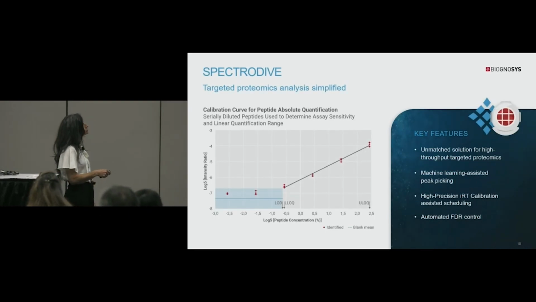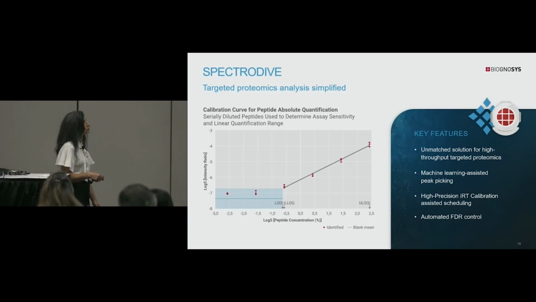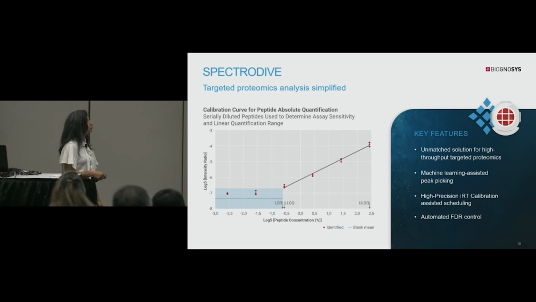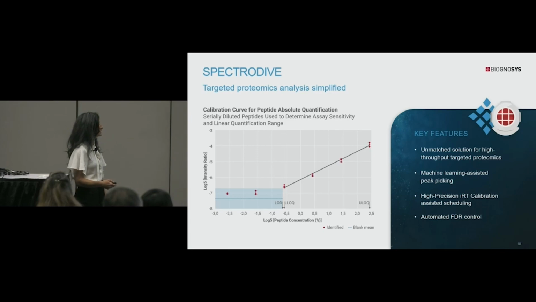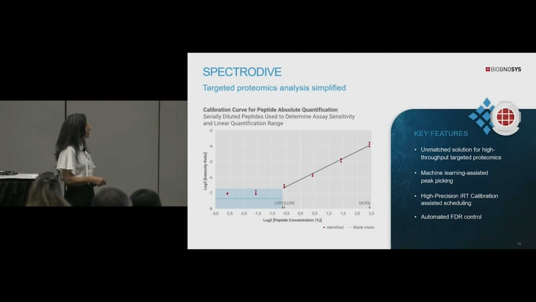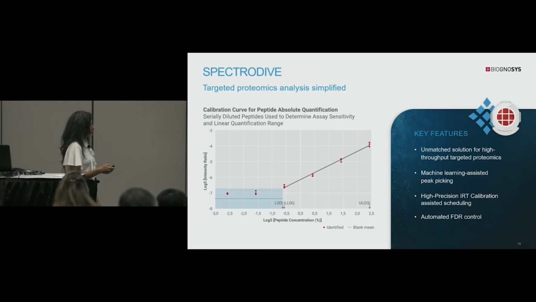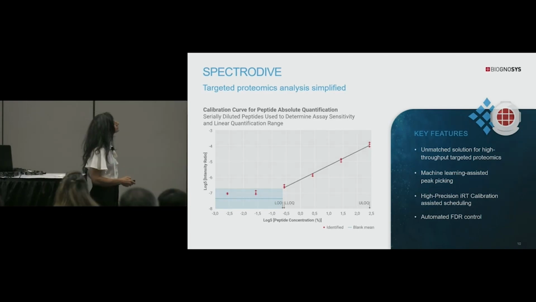SpectroDive is our solution for targeted proteomics, and it is an unmatched solution when the throughput and study size is high. So if you have large panels of targets or you have a large sample cohort, SpectroDive is a very good solution to go for.